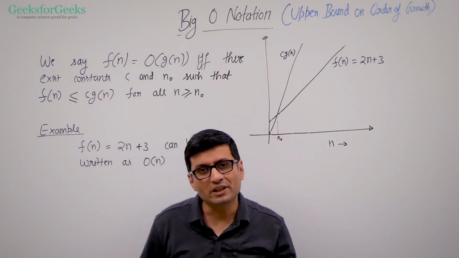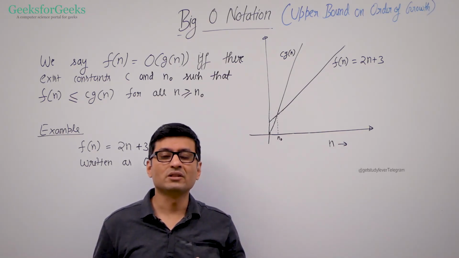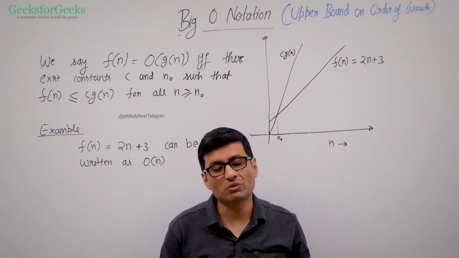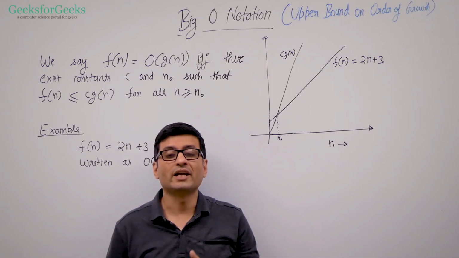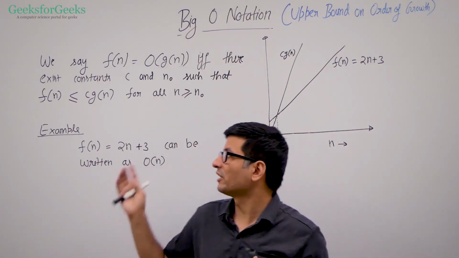What we basically mean is we want to find a function G(n) which, when multiplied with a constant, is always going to be greater than or equal to F(n) when we talk about large values of n, greater than n naught. Right?